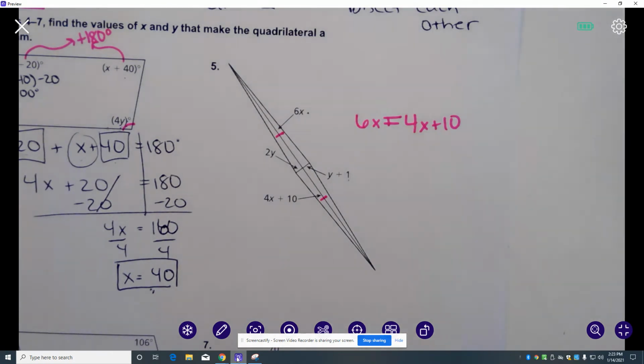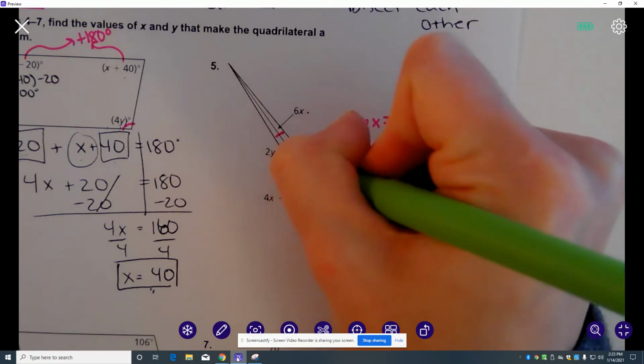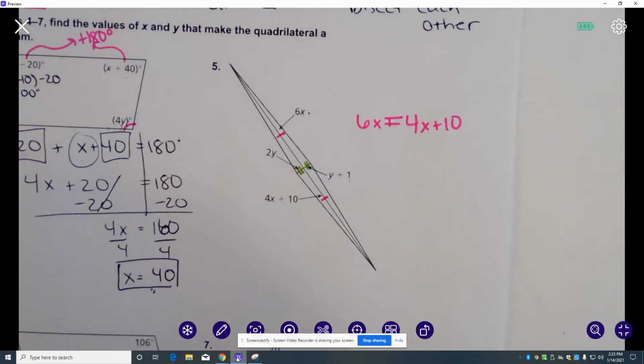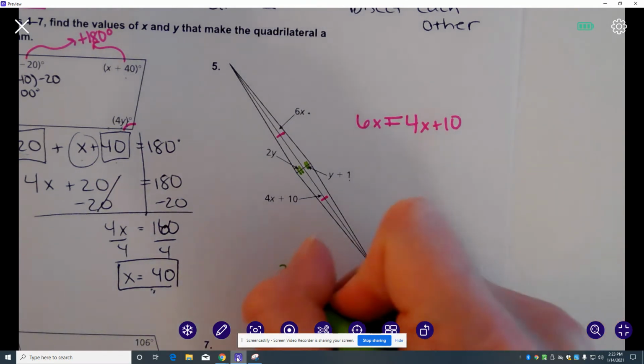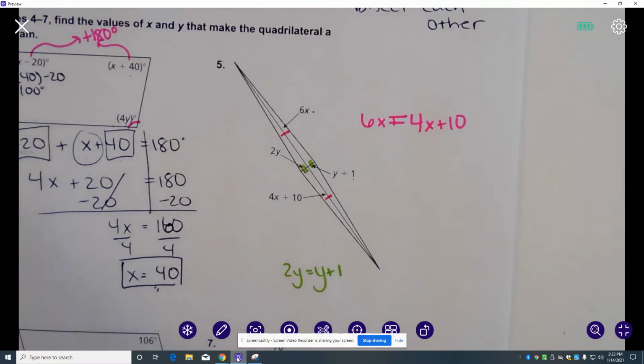I also know that this diagonal got bisected, and so 2y must be equal in length to y plus 1. So I have two equations here that I can solve for x and y.